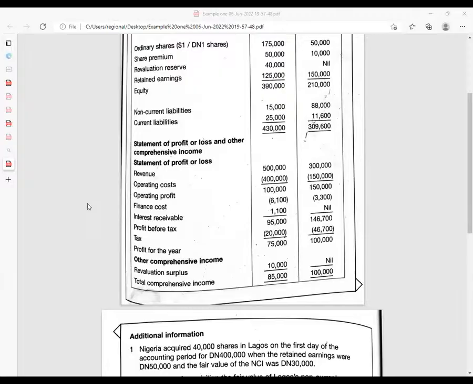So we have their revenue, their operating costs, then we have operating profit. I'm just following everything there. I have finance cost. After that, I have interest receivable.